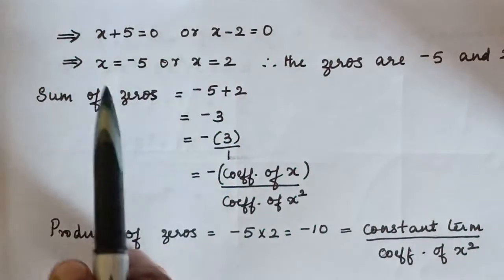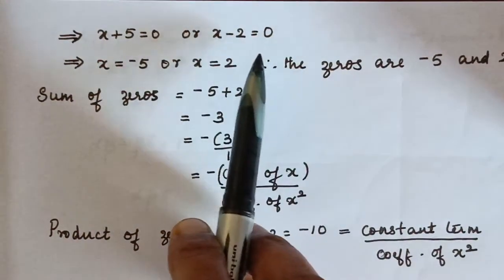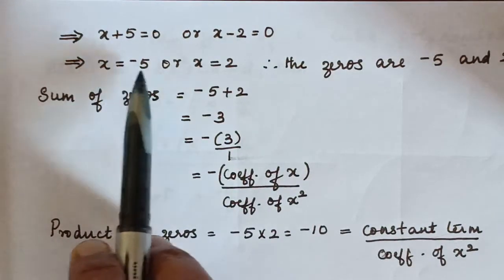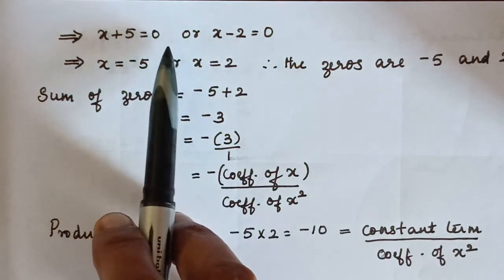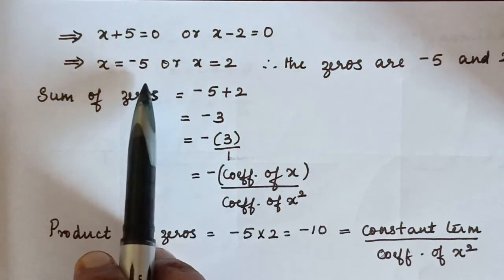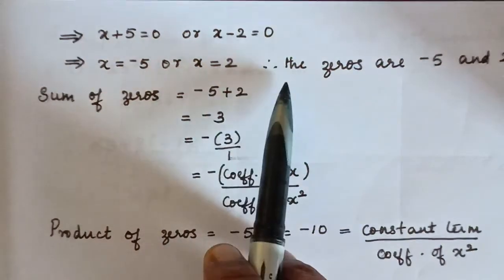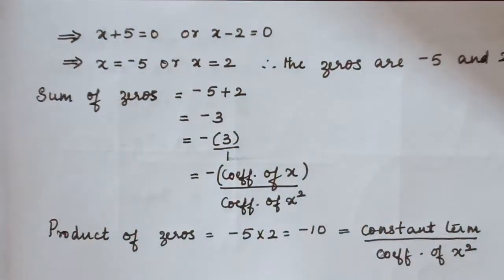That is x plus 5 equal to 0 or x minus 2 equal to 0, which gives x equal to minus 5, when this positive 5 comes to the other side it becomes negative 5, or x equal to 2. So what are the zeros of the polynomial? Minus 5 and 2.